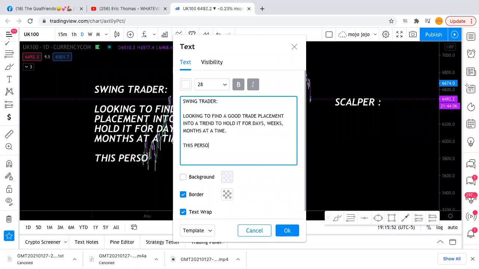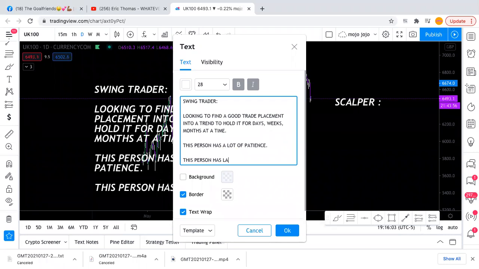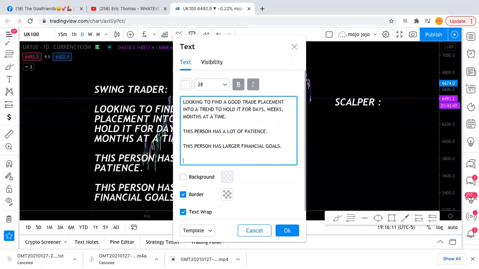This person has a lot of patience. This person has larger financial goals. They're not really looking for the quick money. They're looking more so for longevity money. Consistent money.